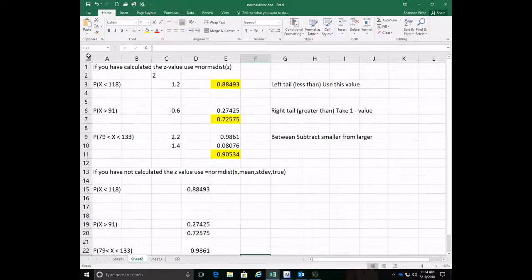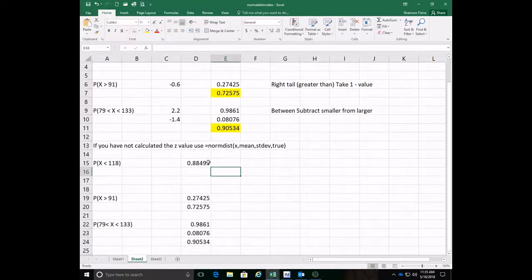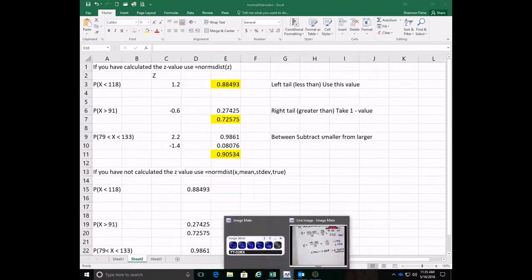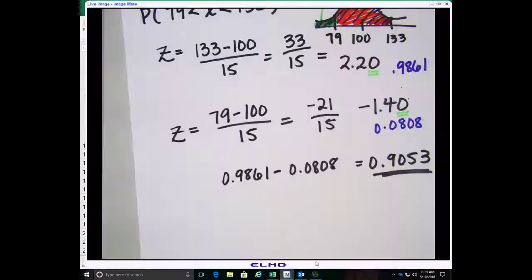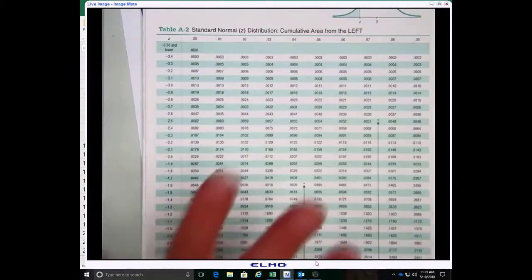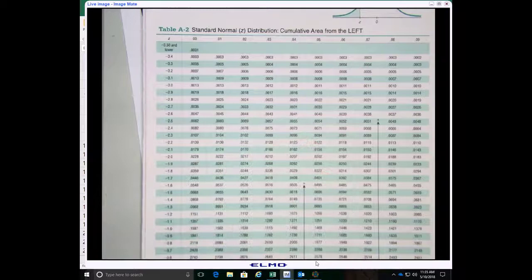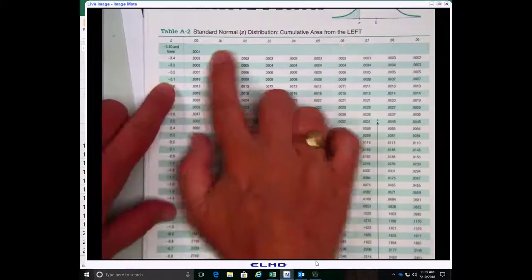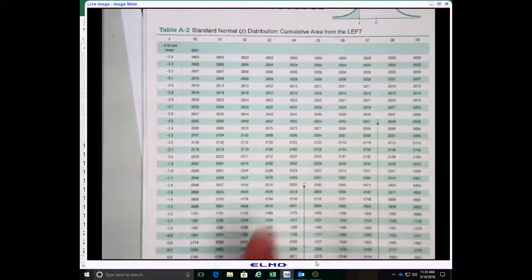All right, so again, you'll probably use this top one more because you will be required to calculate the z. But if you just want to know the probability, you can use this one and cut out the calculation of the z. So that's how we can use Excel. And in essence, all we're doing is using Excel in place of this chart. And what it actually does is reduce our number of errors that we make, especially trying to find decimal places over.